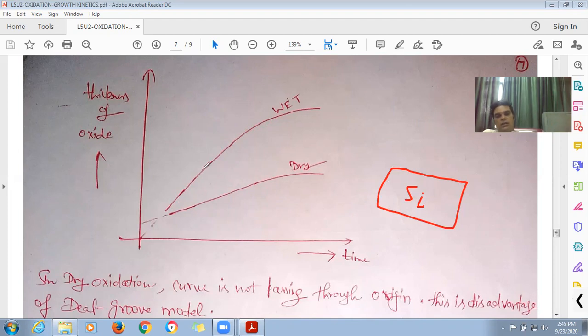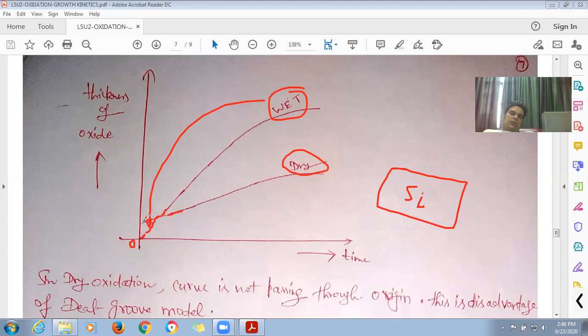So both these curves should meet at t equal to 0. But you can see in this diagram that only in case of wet oxidation is the curve meeting at the origin. In case of dry oxidation, the curve is not meeting at the origin, meaning that at t equal to 0, there is a significant thickness of the silicon dioxide layer present.